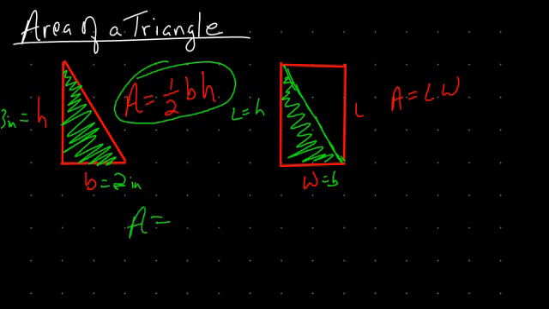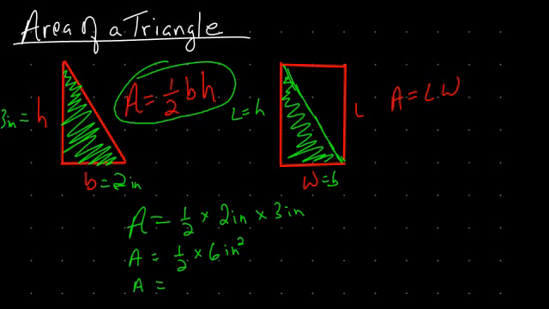equals 1/2 times the base, which is 2 inches, times the height, which is 3 inches. So we get that our area equals 1/2 times 2 times 3, which gives me 6 inches times inches, which is square inches, and we got half of 6 square inches.